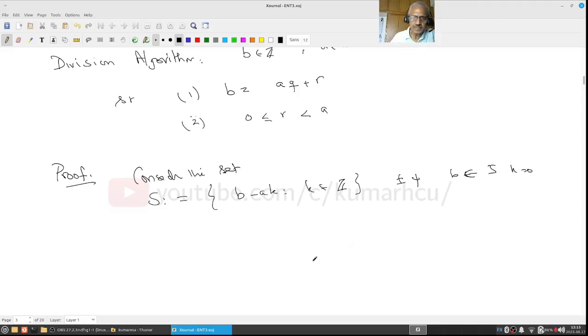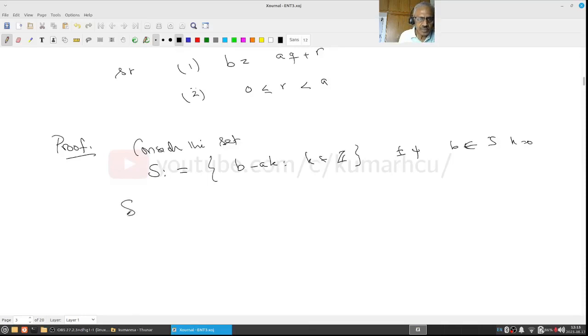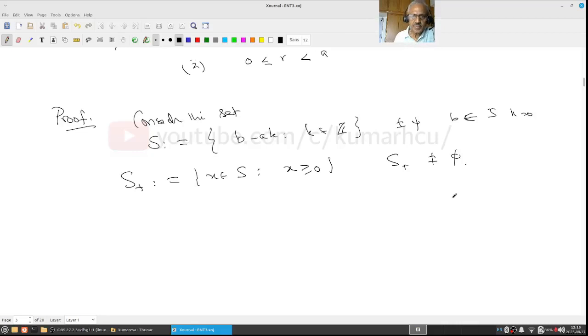Let S plus denote the set of x in S so that x is greater than or equal to 0. We want to claim S plus is not empty. The way we did that was, suppose b is greater than or equal to 0, then since b belongs to S, b belongs to S plus.